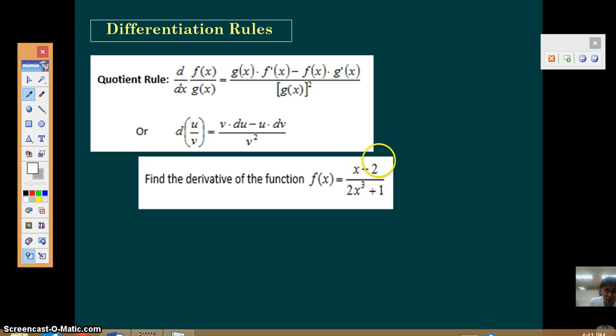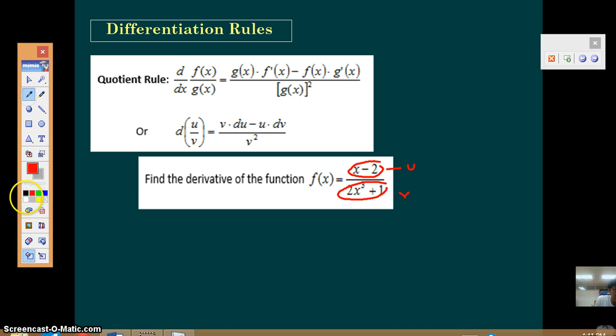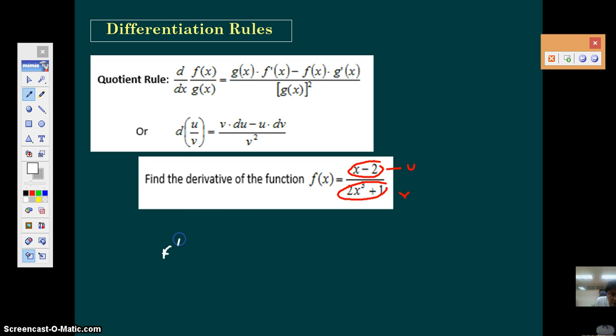Obviously, the numerator would be u. The denominator would be v. So just follow the rule and simplify. So f prime of x would be, I usually start with the denominator because it's easier. It's simply copying the denominator, 2x cubed plus 1, and squaring it.